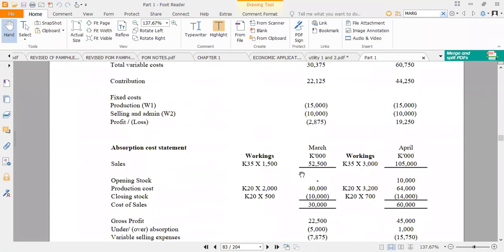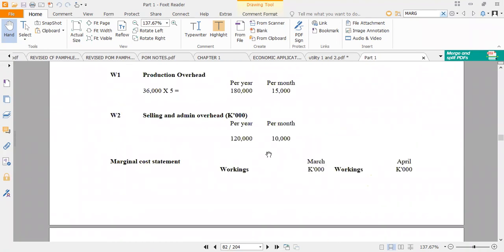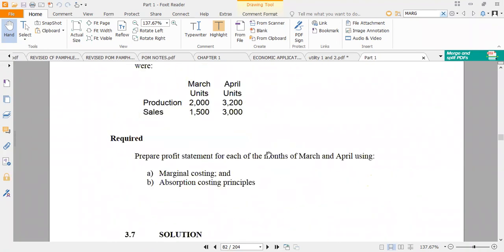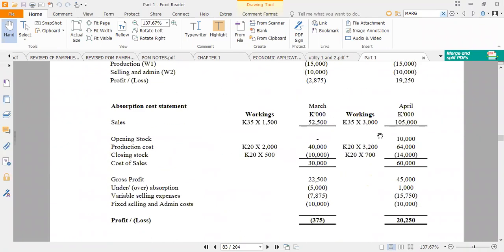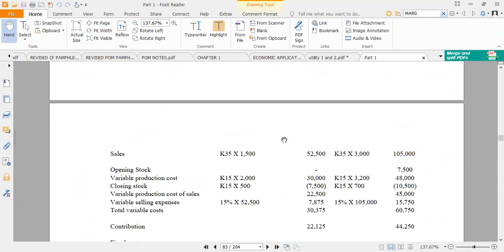So getting down here for absorption costing, sales is 35 multiplied by 3,000 because we sold 3,000 units in April. So we have 105,000. Then opening stock was 500 units multiplied by 20.